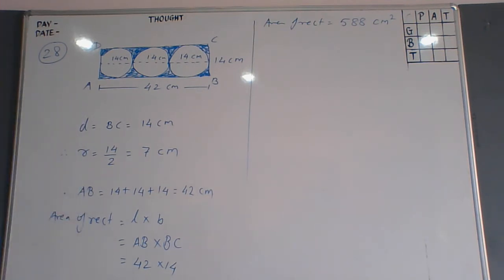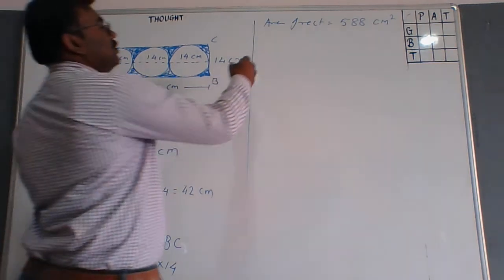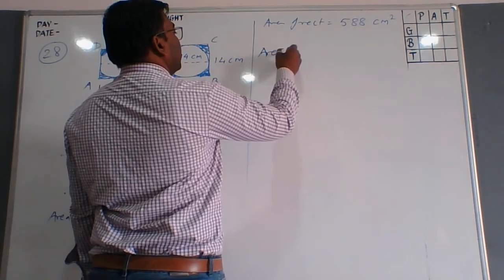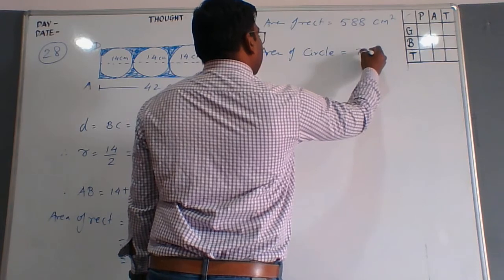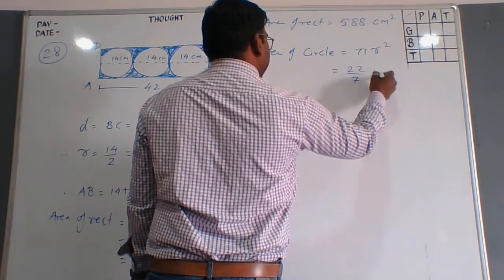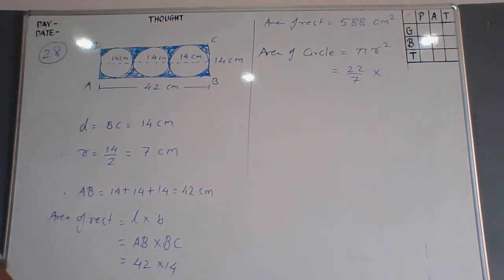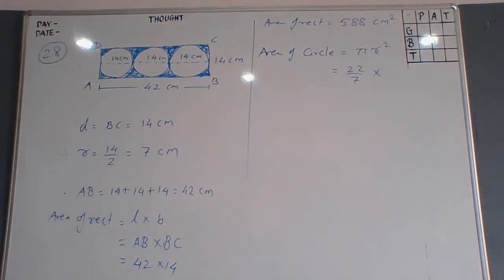Okay. Now, to find out the area of the circle, the formula is pi r square. Pi is 22 by 7. How much is the radius of the circle? 7.